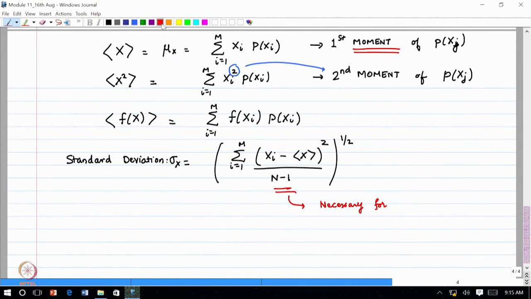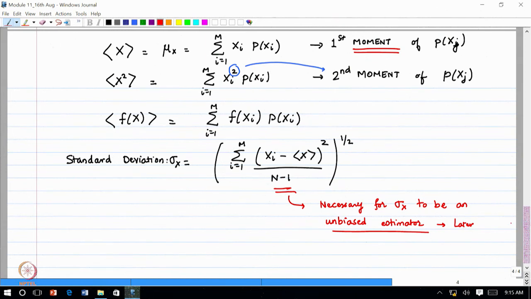This n minus 1 is actually necessary for sigma of x to be an unbiased estimator. We'll go into biased and unbiased estimators later.